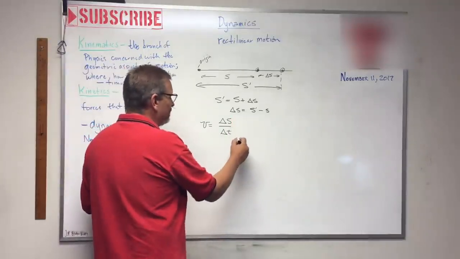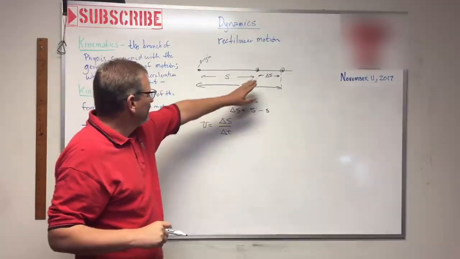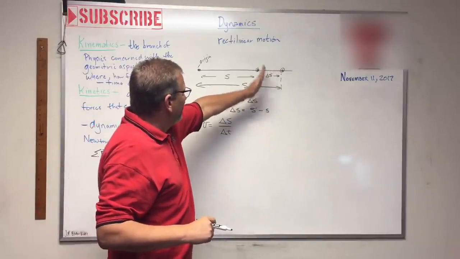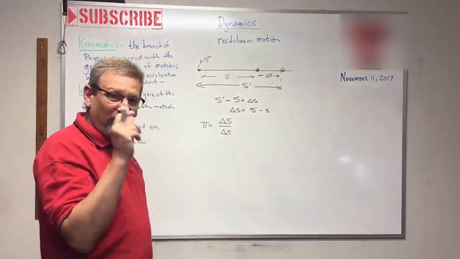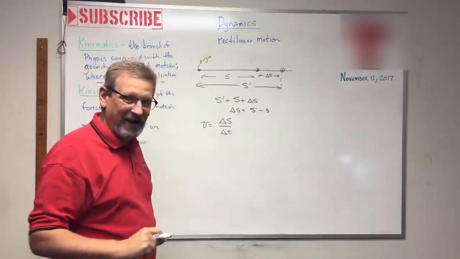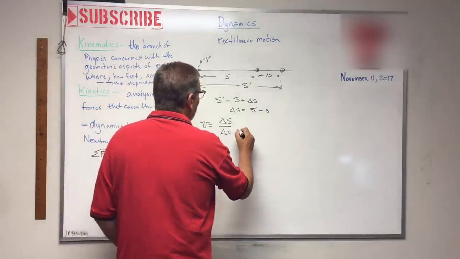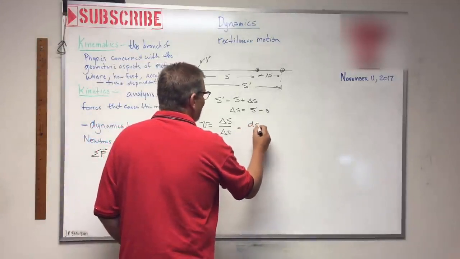Some distance over time. You know what we can do with this little delta S? We could subdivide that into an infinite number of tiny delta S's. What would we call those? Do you remember back from calculus what we call those tiny little delta S's? We would call those differential S's, right?